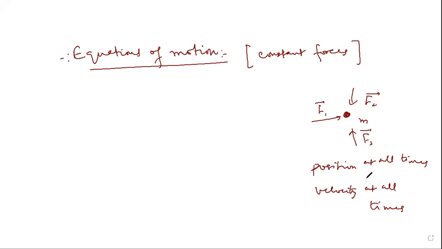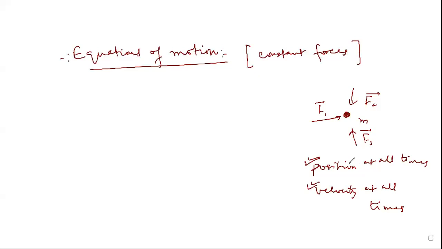Now, to describe its motion means we need to predict its position at all times and velocity at all times. So we will be talking in case of one dimension, which is easy for you to understand. Now, ideas can be generalized to 2 and 3 dimensions.